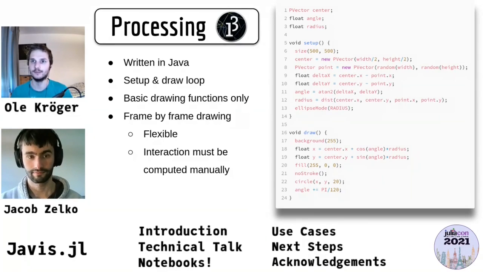And the draw loop is a frame-by-frame loop which renders the animation, which makes it very flexible but the interaction between objects has to be computed manually. So in this case, we increase the angle in each frame to have the view of an animated or rotated circle in the end.